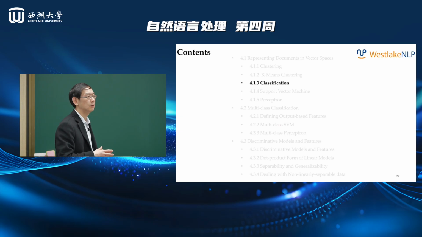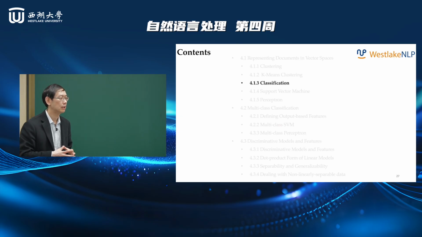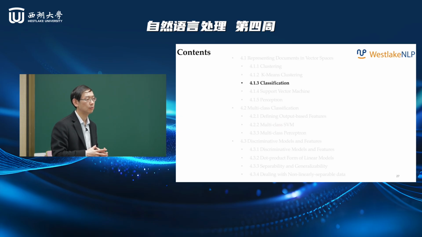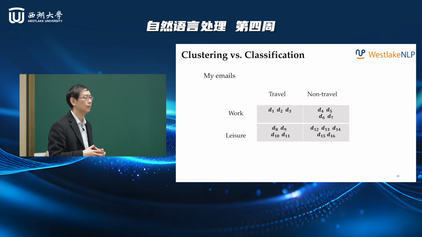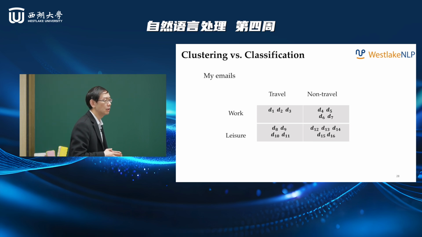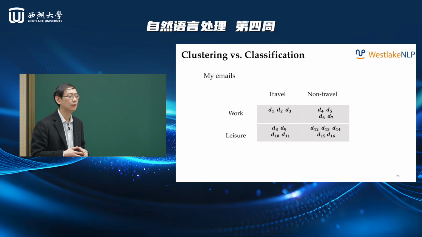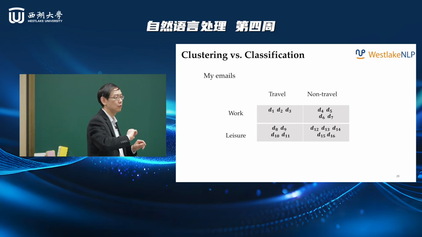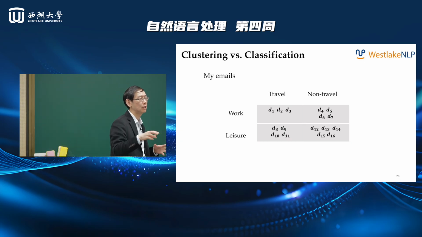But then in machine learning, you learn classification, which is different from clustering. So what's the difference? Suppose that in my mailbox, I have 2 types of emails. One is work and one is leisure. Leisure email is also sent to my Gmail, and work email is also sent to my Gmail.